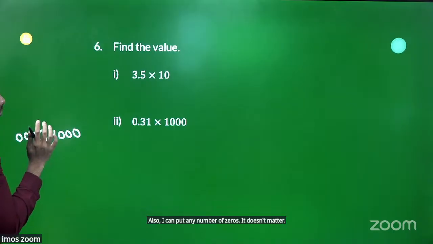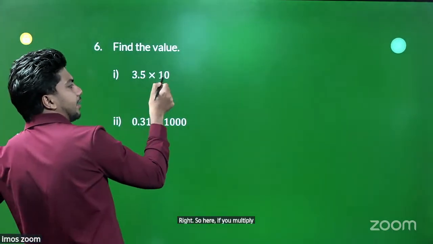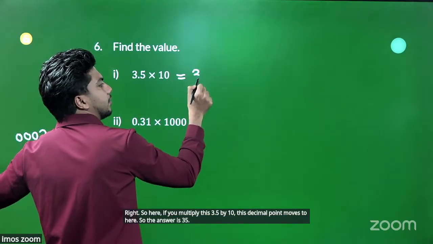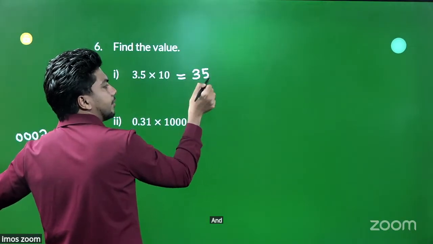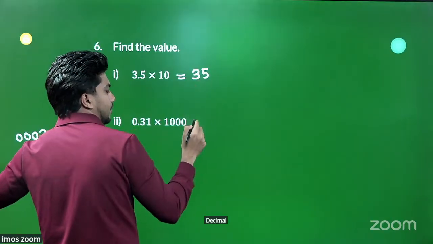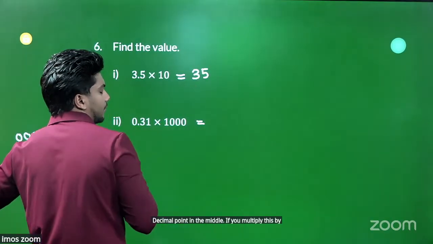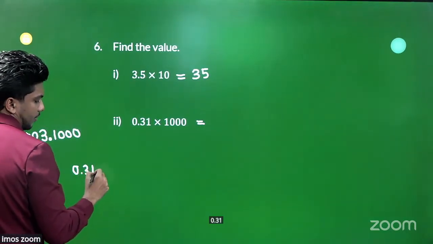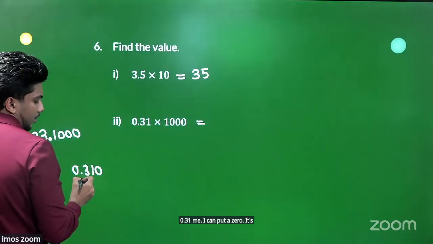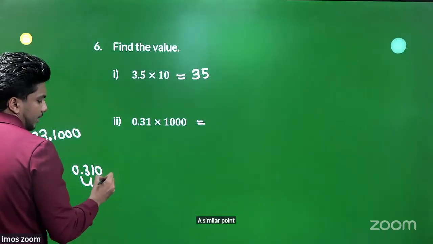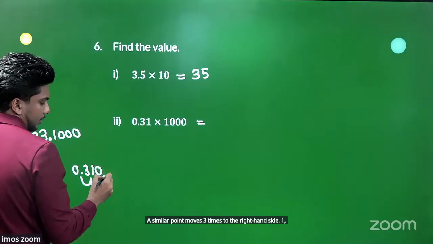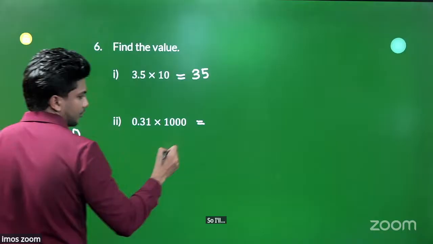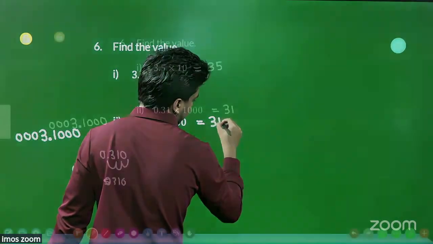So if you multiply this 3.5 by 10, this decimal point moves to here. So the answer is 35. If you multiply 0.31 by 1000, what happens? I can put a 0. Decimal point moves 3 times to the right hand side: 1, 2, 3. So 310 is the answer.